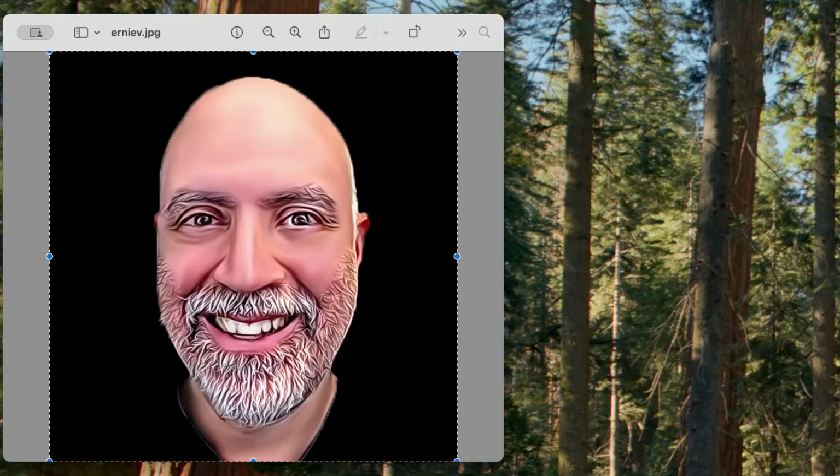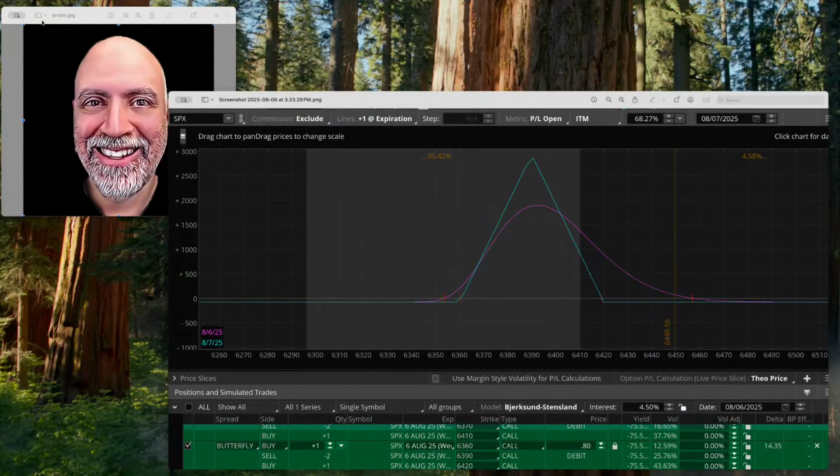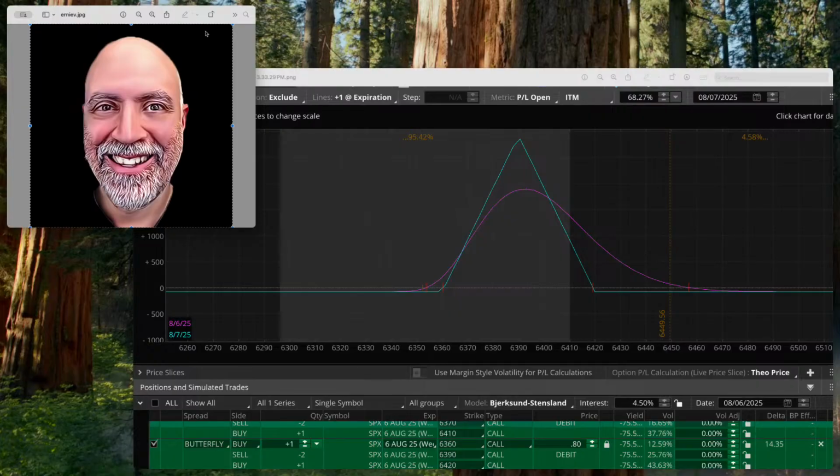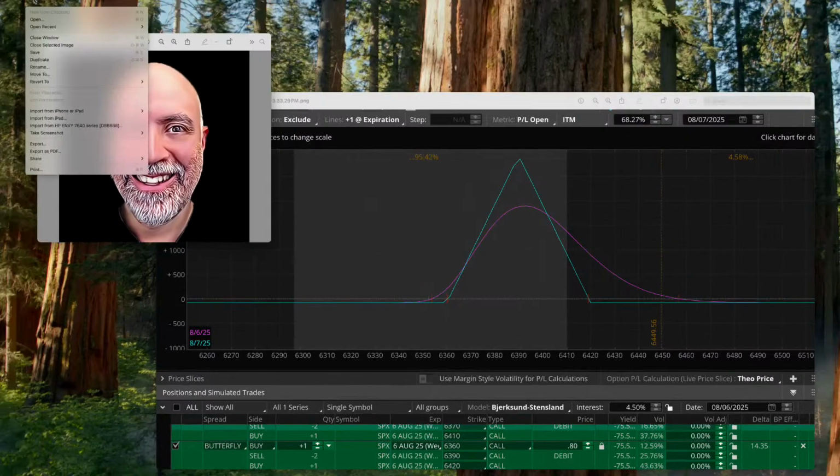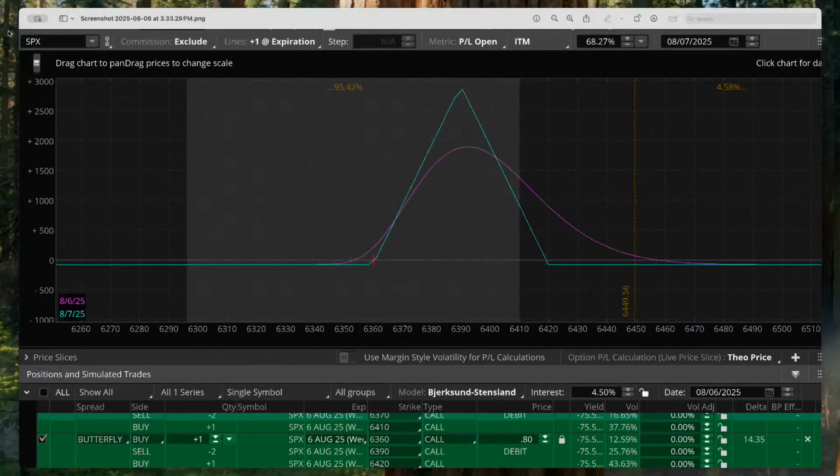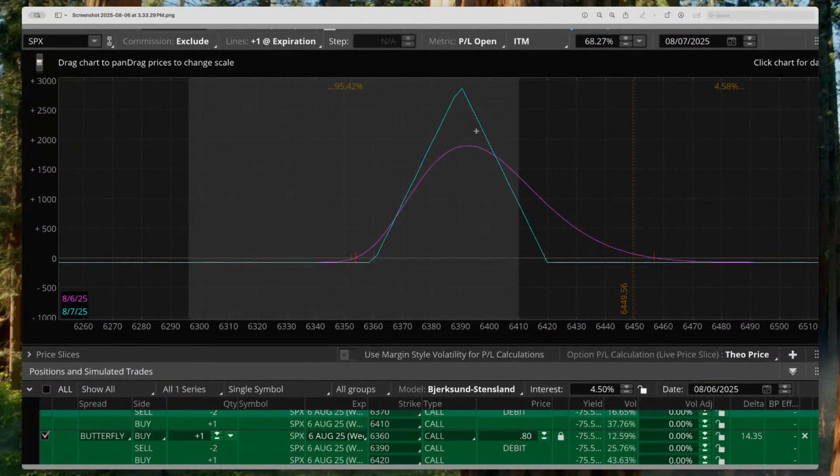I have to open this with preview. There it is. Let's get rid of this picture of Uncle Ernie. All right. So there it is. There's the butterfly.